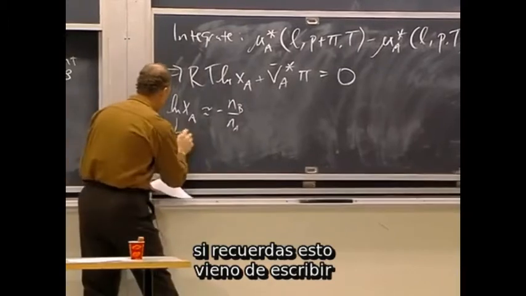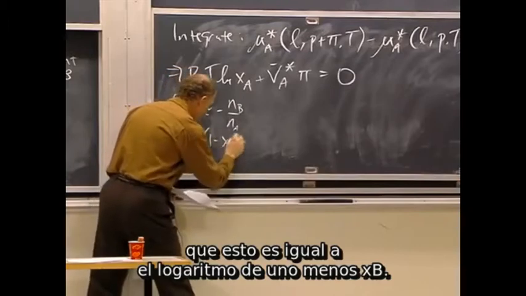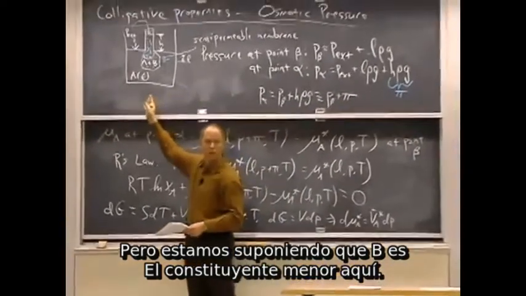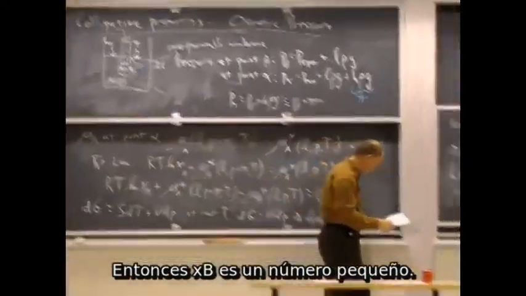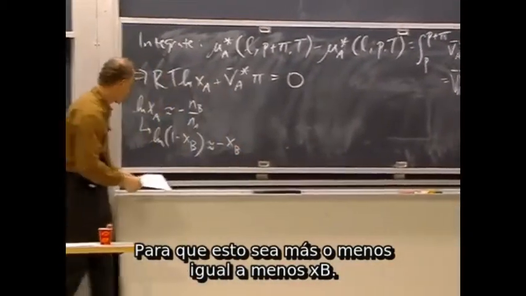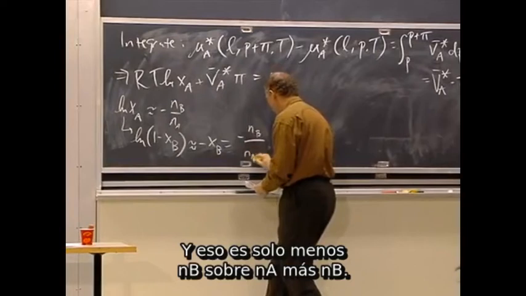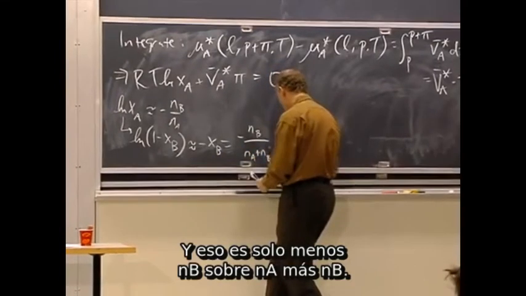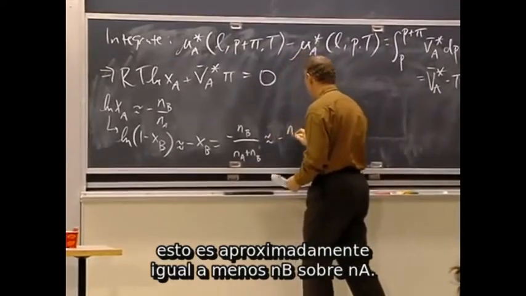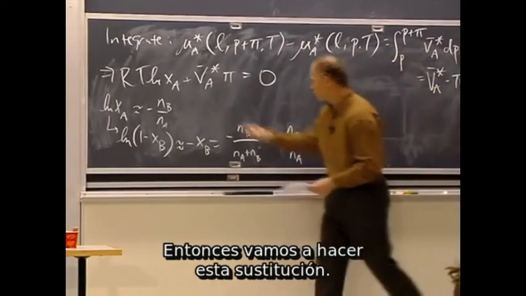If you remember, this came from writing that this is equal to the log of 1 minus XB. But we're assuming that B is the minor constituent here, so XB is a small number, so this is roughly equal to minus XB. And that's just minus NB over NA plus NB. And since NB is much smaller than NA, this is approximately equal to minus NB over NA. Okay, so we're going to make this substitution.